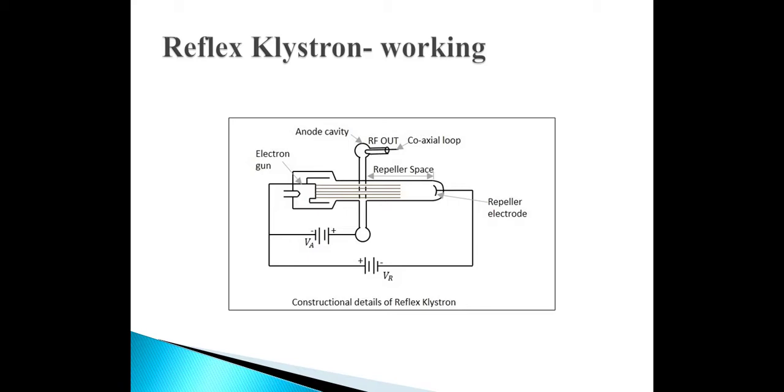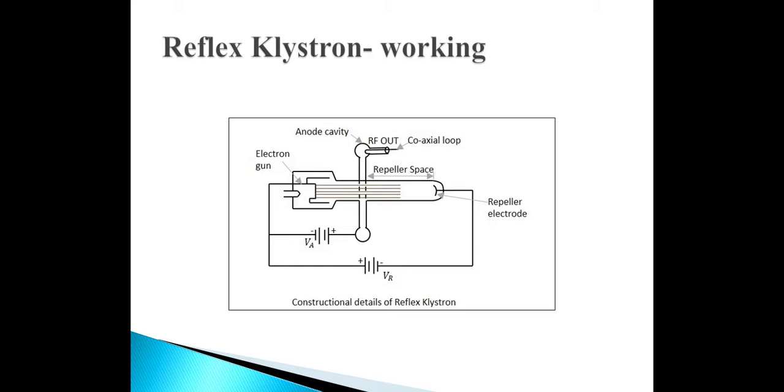After passing the gap in the cavity, electrons travel towards a repeller electrode, which is at a high negative potential VR. The electrons never reach the repeller because of the negative field and are returned back towards the gap.